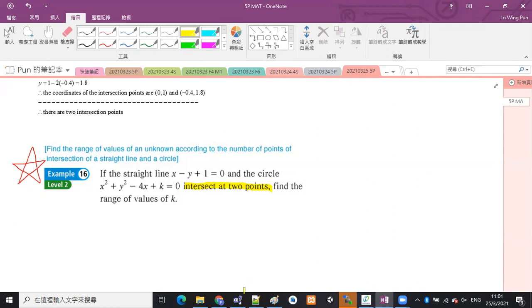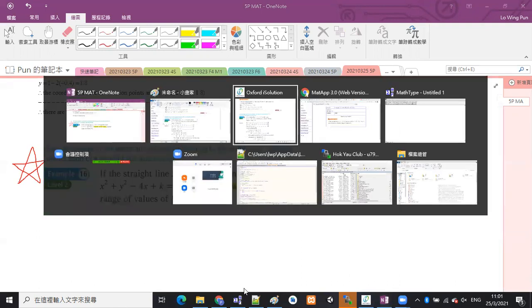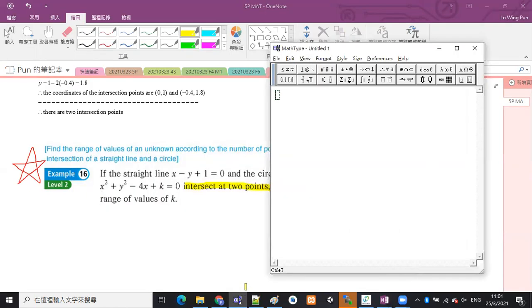When you see the word intersect, okay, two things intersect. Basically, the first thing you need to do is to set up equation 1 and equation 2. Okay, always like this. So you just set x minus y plus 1 equals 0 to be equation 1, and then the equation of the circle x squared plus y squared minus 4x plus k equals 0 to be equation 2.